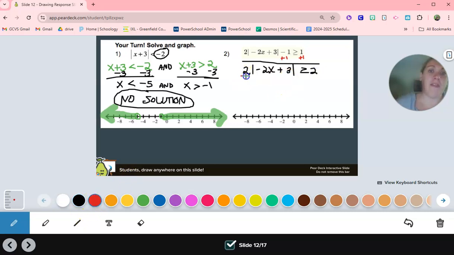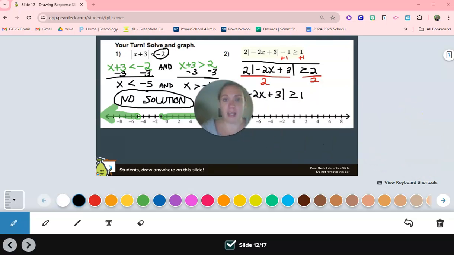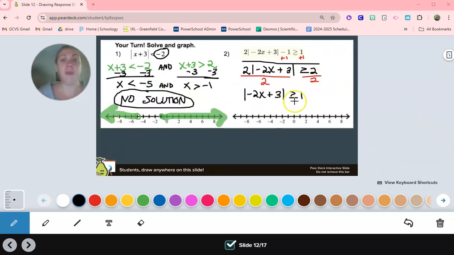And then we're going to divide everything by 2 to get that completely alone. So we have the absolute value of -2x plus 3 is greater than or equal to 1. Now, at this point, we have our absolute value alone and isolated. So we can write our two inequalities.